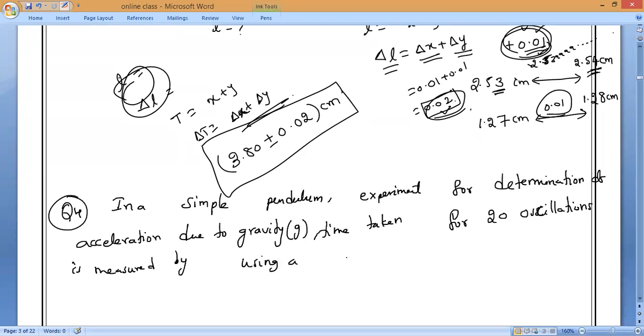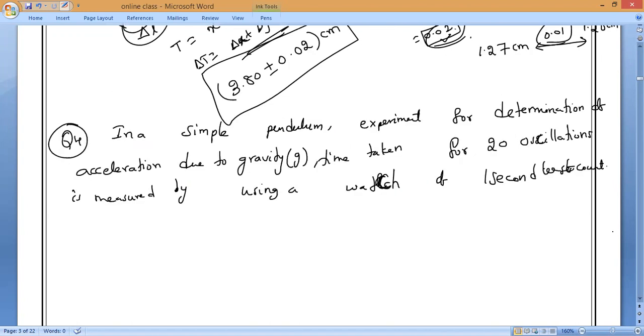using a watch of 1 second least count. What is the least count? 1 second. That is what you have to understand.